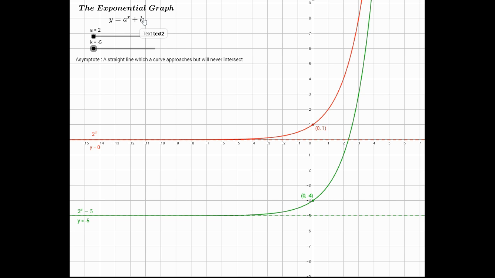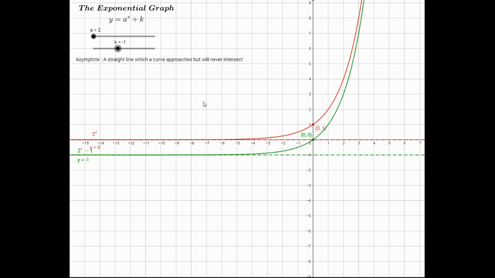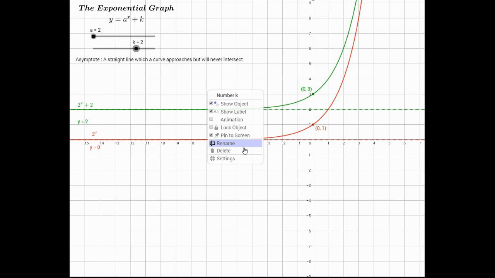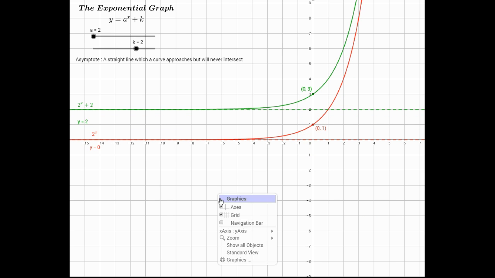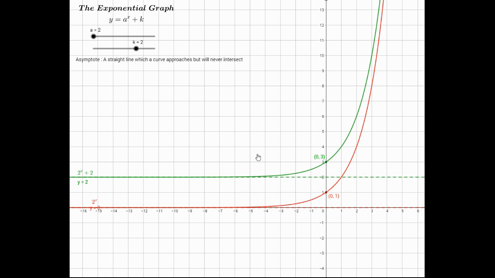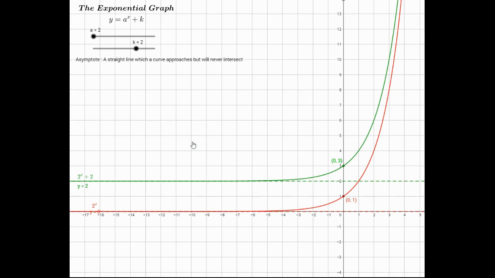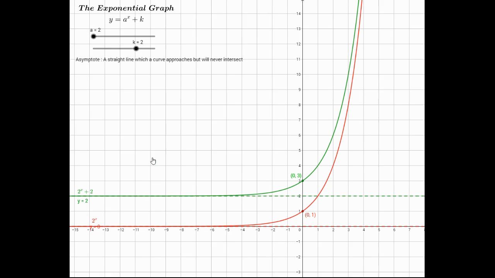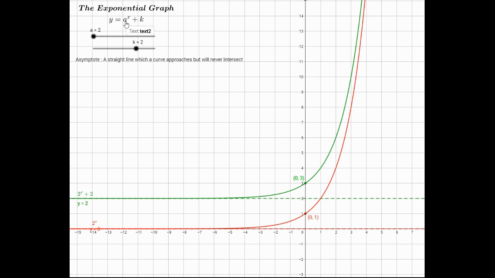Let's move everything back now. I'll leave it like this so you can see the difference. Oops. Let's move everything back. There we go. So I hope that gave you an insight into the exponential curve and how it behaves as we change the base and we change the constant.